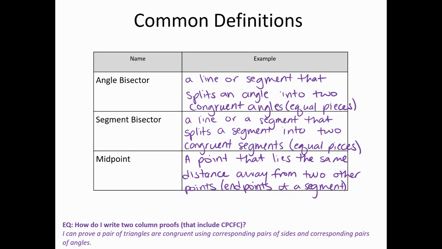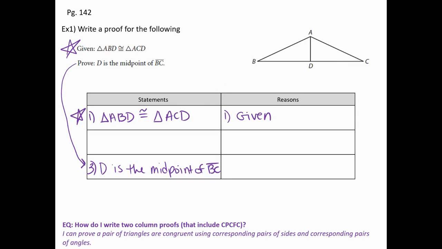A midpoint is a point that lies the same distance away from 2 other points, the endpoints of a segment. So if I think about that in the context here, if D is the midpoint, that means it's the same distance from D to B as it is from D to C. Now, I don't actually know this is true. I just wrote it down really quickly because that's what I'm trying to figure out.